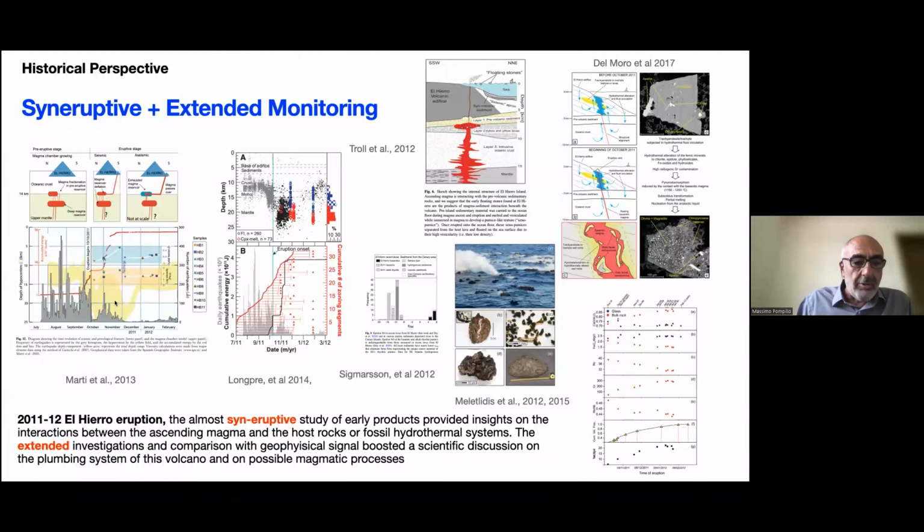This is the paper of Marty. Longpré also did a similar thing, also doing some integration with the seismic data, and also, for the first time, with diffusion chronometry on olivine. Another thing that is important here, similar to Marty, concerns composition: the difference between the bulk rock, in which calcium, aluminum or magnesium increase, and the glass, which remains constant.